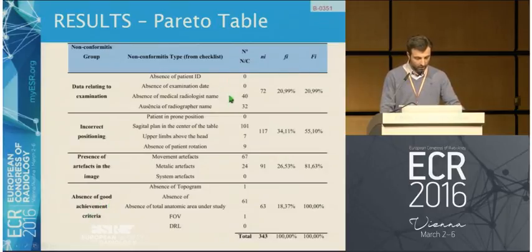You can see in the total, in the first one, the number of non-conformities of absence of the medical radiologist name and the absence of the radiographer name. Incorrect positioning, we have 101, sorry, and presence of artifacts, 67 and 24 as metallic artifacts. Absence of good achievement criteria: absence of topogram, and absence of the anatomic area under study.